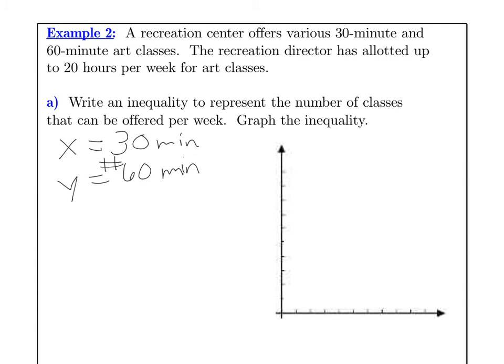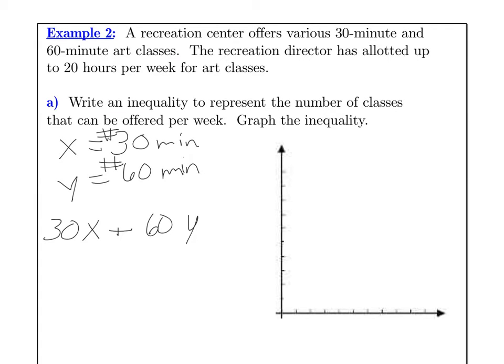Then I can set up an equation or an inequality that states that if I have 30 minutes times however many 30-minute classes, plus 60 minutes times however many 60-minute classes, that should equal the total number of minutes per week.